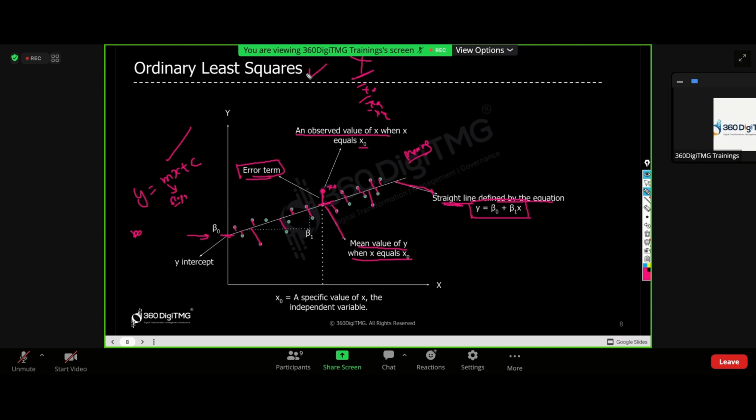Now, what will this OLS, ordinary least squares, do? It will take the distance. How will it calculate the distance from this point to this point? Y2 minus y1. From each of these points it will calculate the distance.